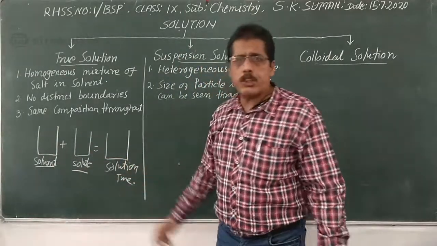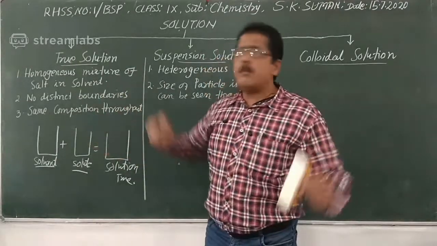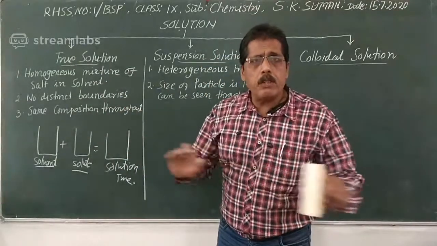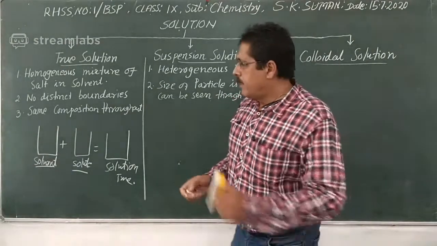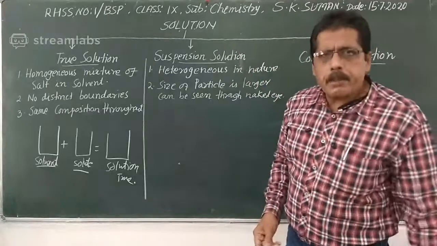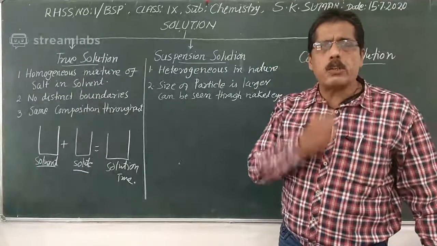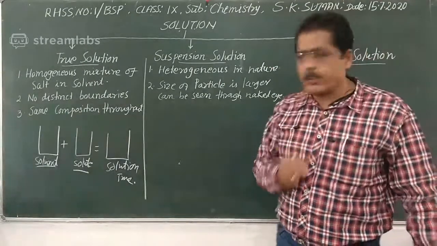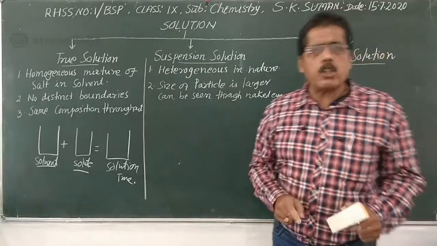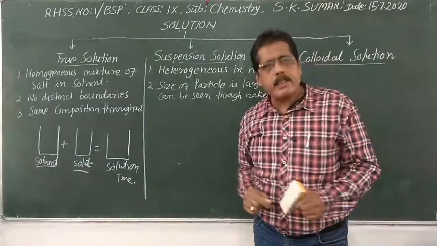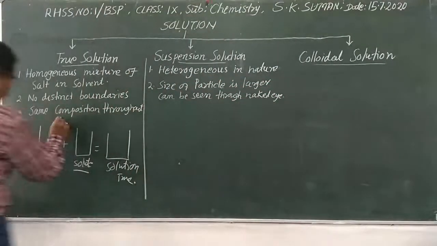Okay. Now let's take one example of this true solution. You get the sugar solution. Can you tell me, in sugar solution which will be called solute and which one will be called solvent? In sugar solution, this sugar is called solute, and the water in which this sugar is dissolved to get the sugar solution is called solvent.